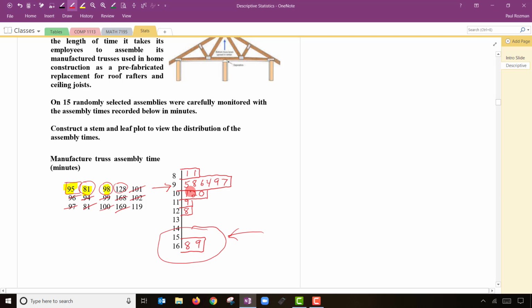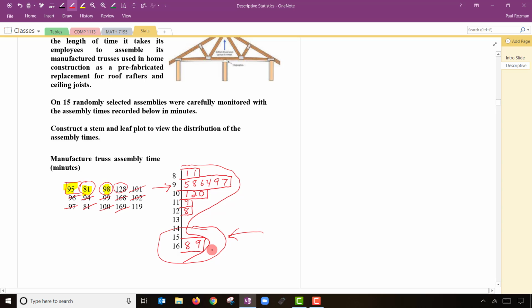So for a small data set, this is a convenient way of summarizing data. We get to see roughly where the middle is, roughly the shape of the data, and how spread out it is and if there are any extreme values.